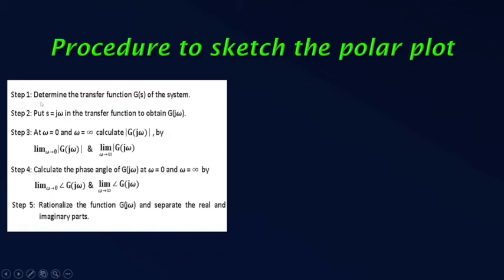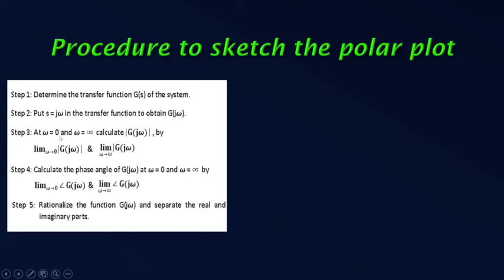Step 1. Determine the transfer function G(s) of the system. Step 2. Put s equal to j omega in the transfer function to obtain G(j omega). Step 3.